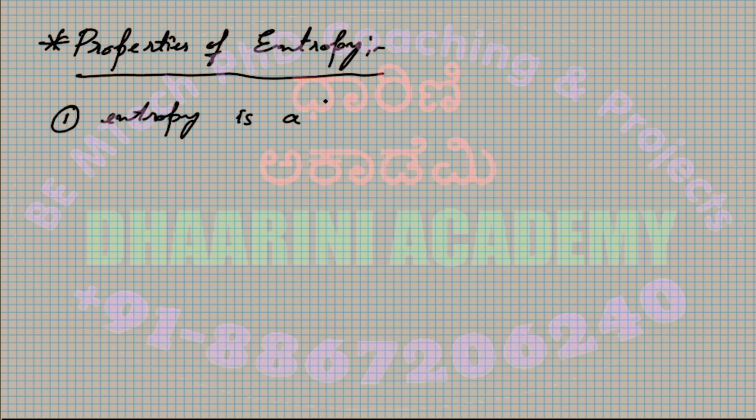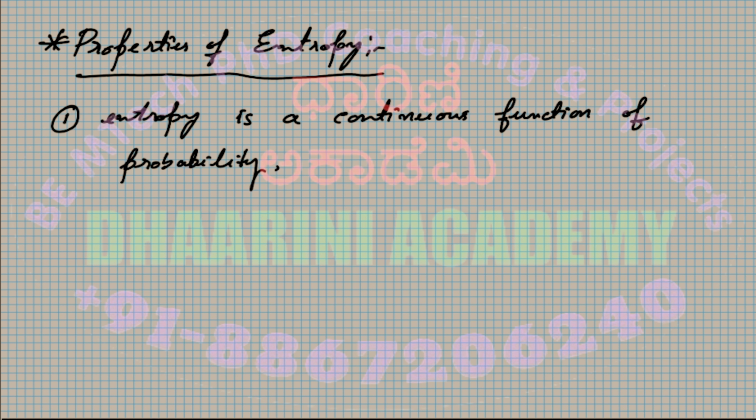Entropy is a continuous function of probability. Right? So it means if I try to plot the probability versus its entropy, it will be a continuous function. Okay, anyway, we will be trying to prove this by means of problems.